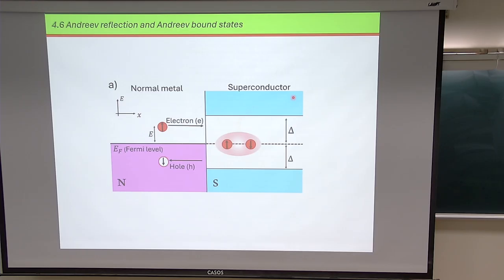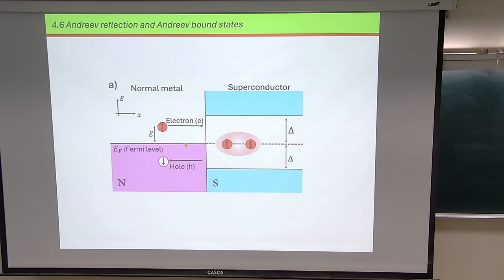But if the Fermi energy of the normal metal is inside this gap, the superconducting gap, then the electron cannot go through, because there is no electronic state, no single electron state. All the states that I have are just the Cooper pairs.